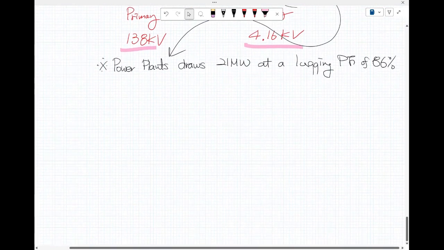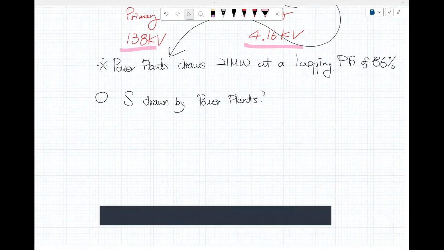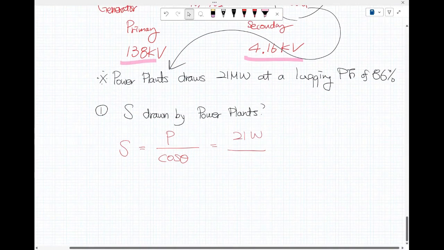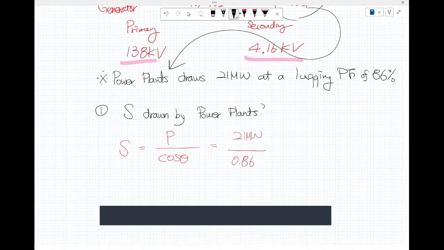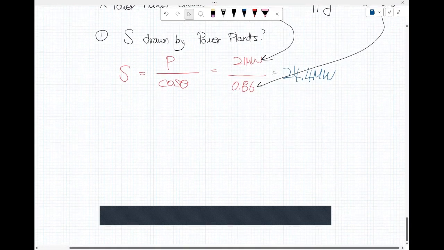So now, question one. Here, S is what? P over cosine theta. Not that watt, 0.86, because this is the power factor right there. That was 24.4 MVA.